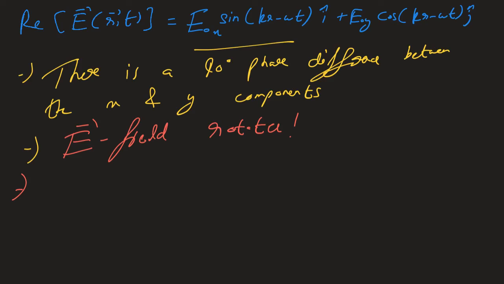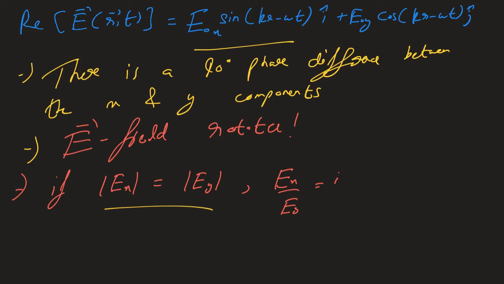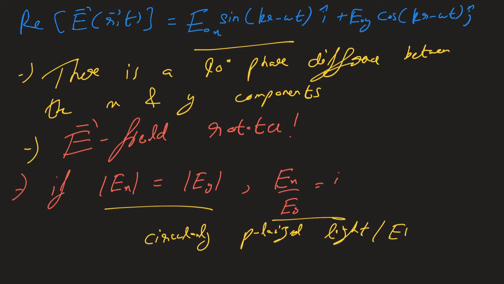I just want to point out that if the magnitude of Ex is equal to the magnitude of Ey, that is, the x component of the electric field is equal to the y component, and if Ex over Ey is equal to i, if both conditions are met, then we get circularly polarized light, a circularly polarized EM wave.